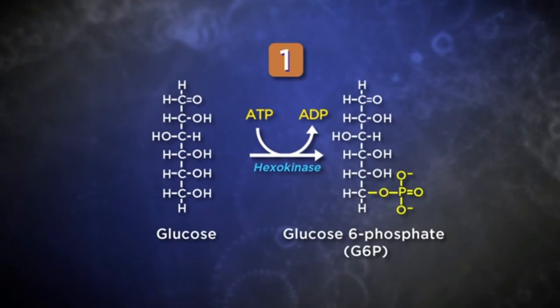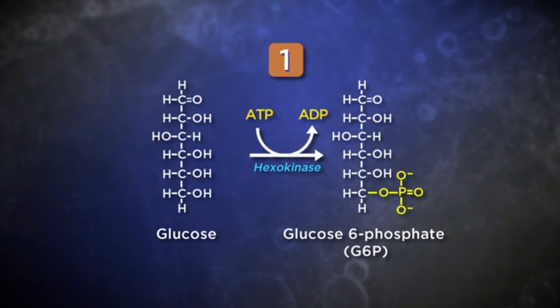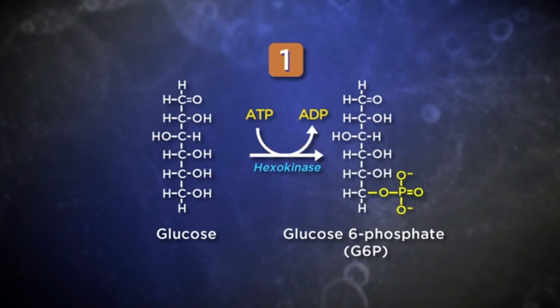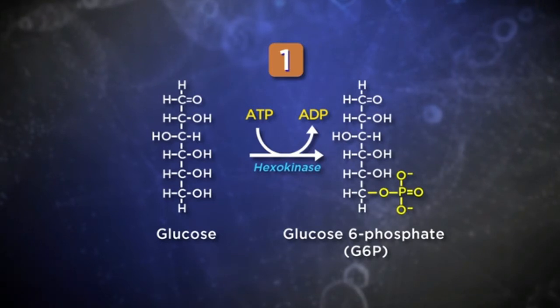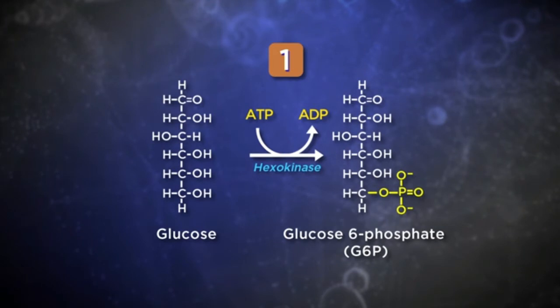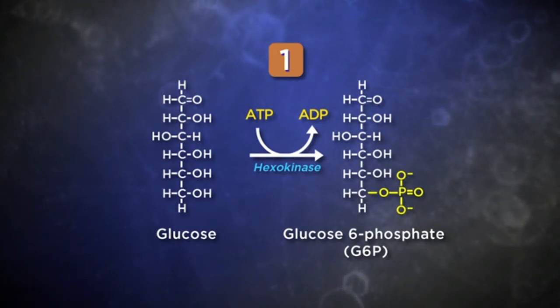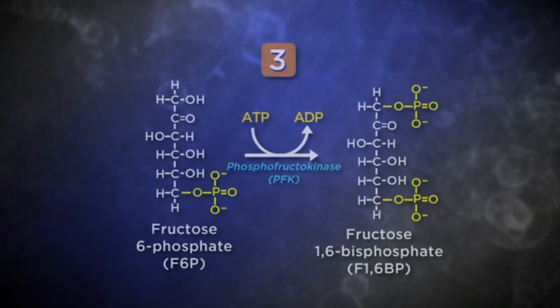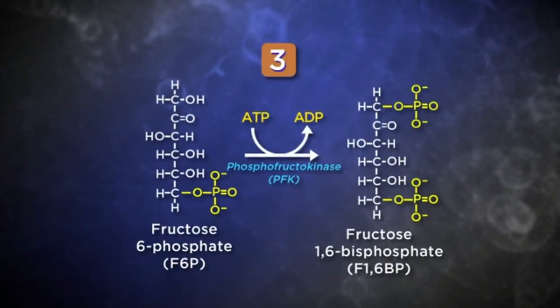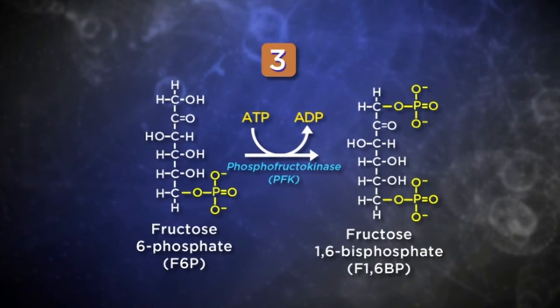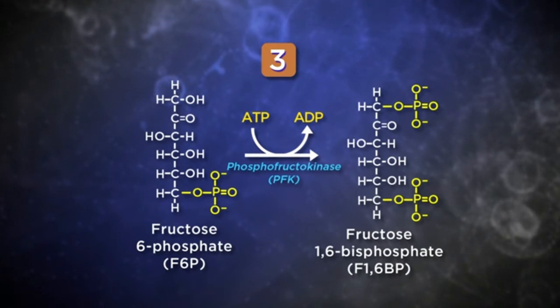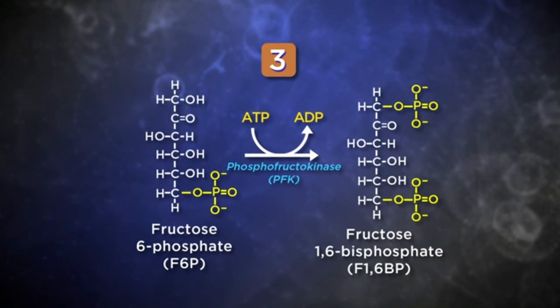Step 1 of the pathway, catalyzed as we saw by the enzyme hexokinase, makes glucose 6-phosphate from glucose. However, the enzyme is inhibited by high levels of the product, G6P. This feedback keeps cells from piling up large amounts of phosphorylated glucose. Step 3 of glycolysis was where the enzyme phosphofructokinase, or PFK, added a phosphate onto fructose 6-phosphate, making fructose 1,6-bisphosphate.